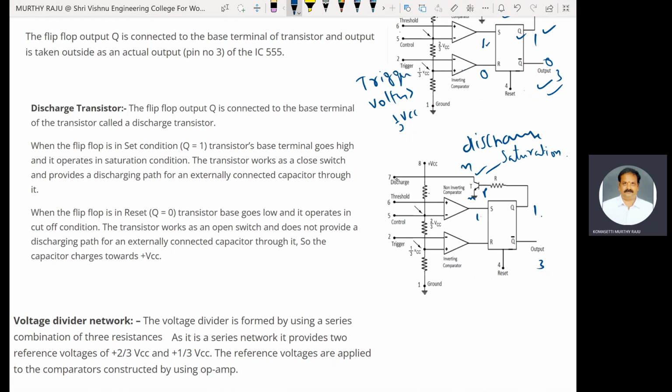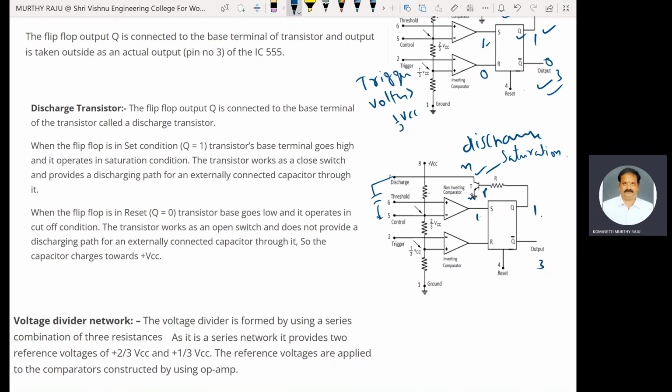Suppose the capacitor is connected here. Whenever Q is high, the transistor is in forward bias condition, that means it acts as a closed switch.